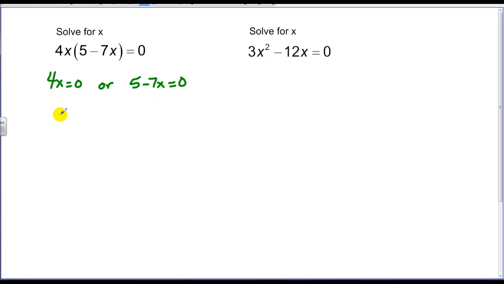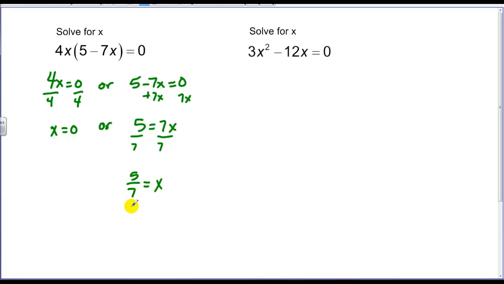If I solve the term on the left, I divide by 4, and I get x equals 0. Or I can add 7x to both sides, get 5 equals 7x, divide by 7, and get 5/7 is equal to x.